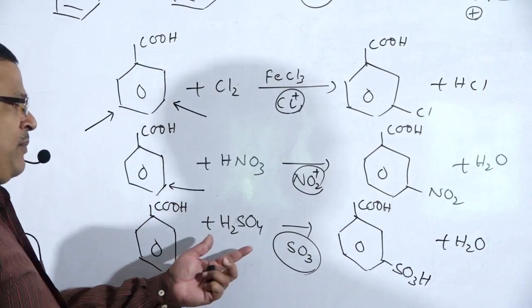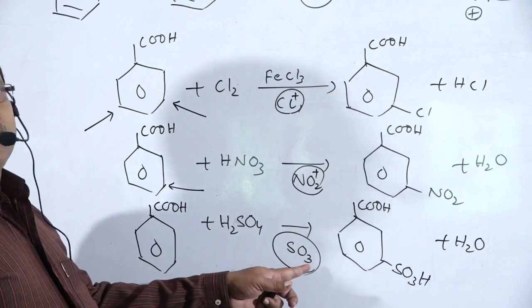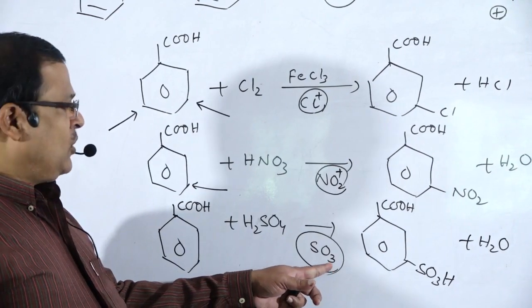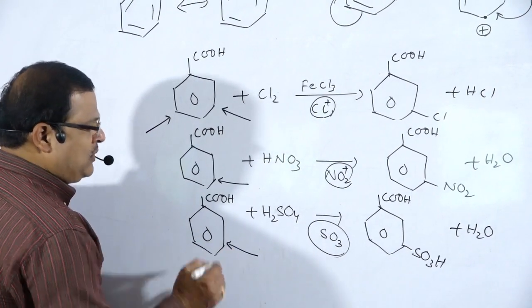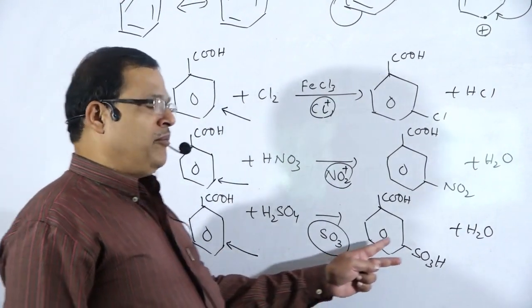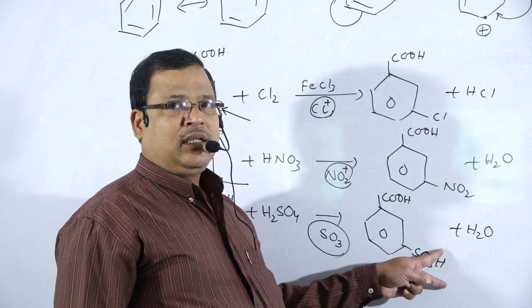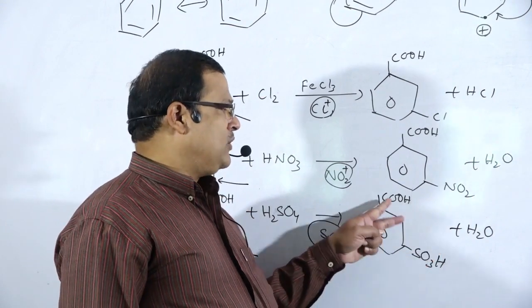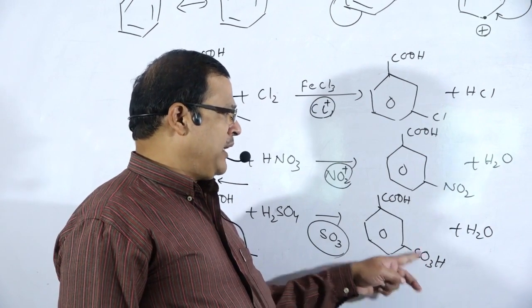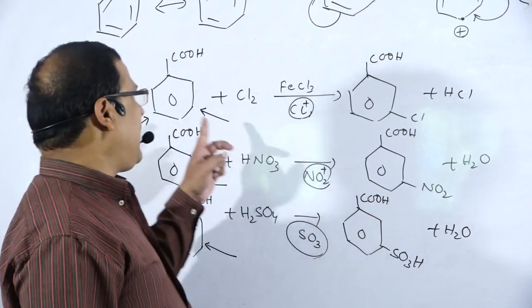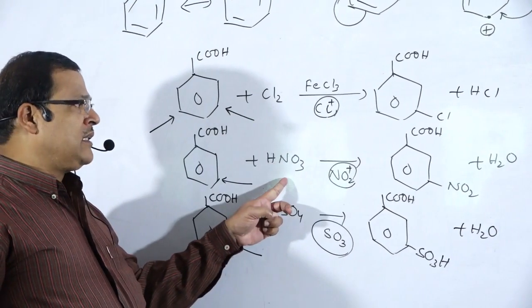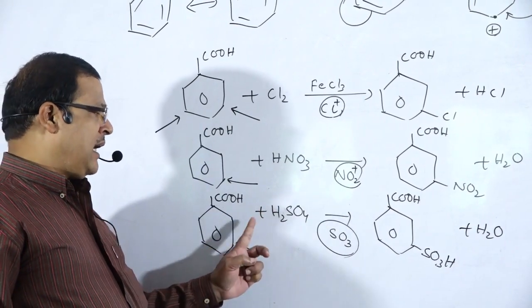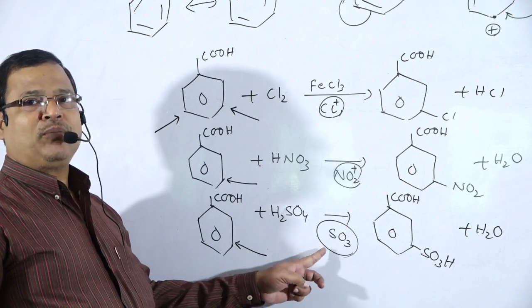In the same manner, take benzoic acid with sulfuric acid; the electrophile is SO3. So the electrophile SO3 will get directed to the meta position with the formation of metasulfonic benzoic acid. The first reaction is known as chlorination, the second reaction is known as nitration, and the third reaction is known as sulfonation.